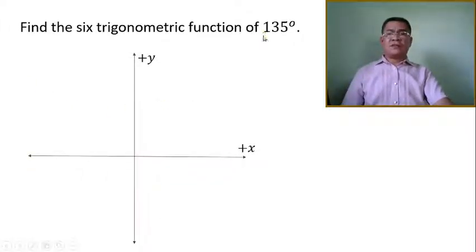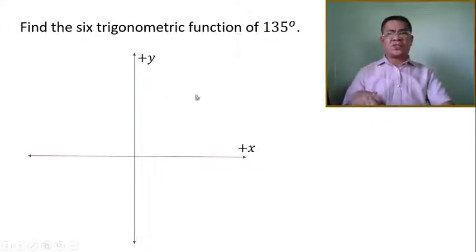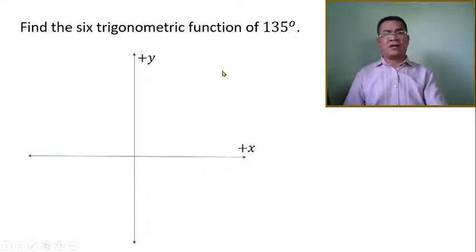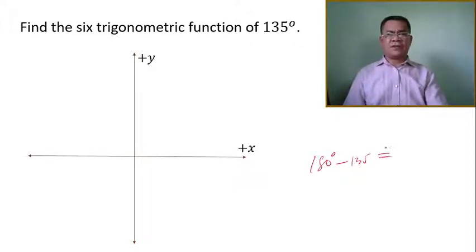So the best thing to do to answer this one is to plot. Make sure that you know how much the reference angle is. Remember that to find the reference angle, you have to plot the 135 degrees. If you subtract 135 degrees from 180 degrees, because this is in quadrant two, the result is 45 degrees.